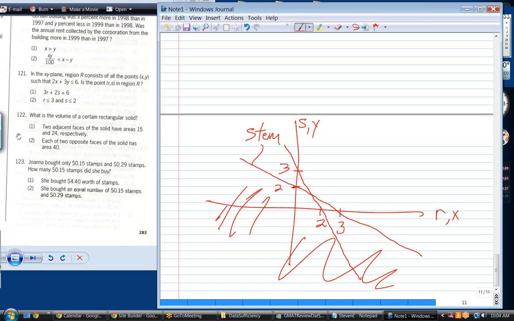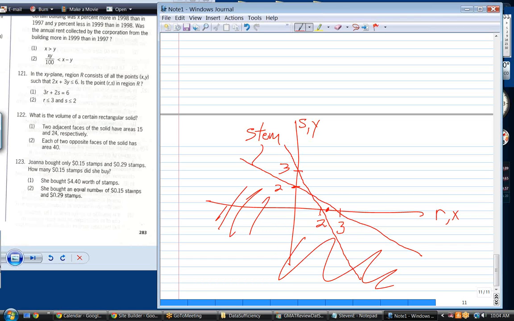So now I can certainly see that there are points on r and s that are above and below the stem curve. Now taking the second one, if r is less than 3, it could be somewhere in here. But s is less than 2.